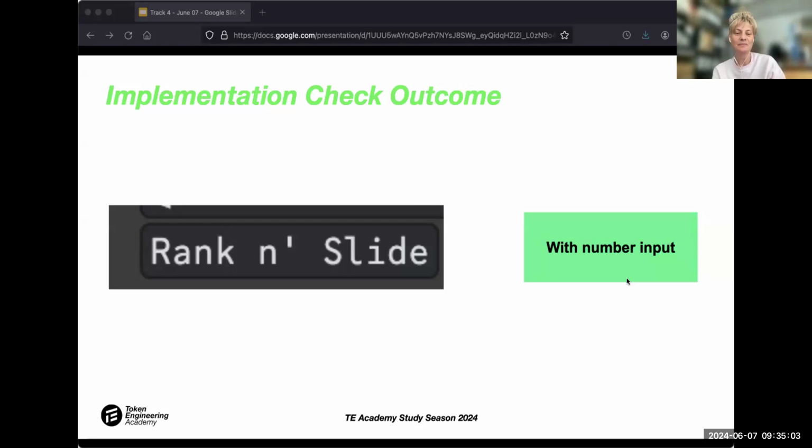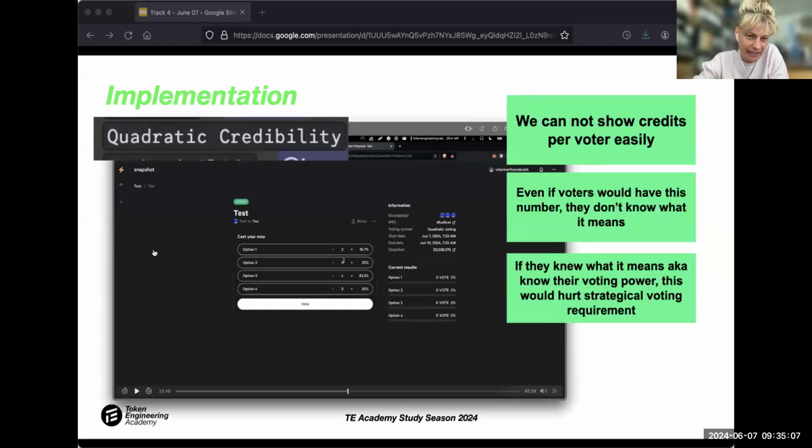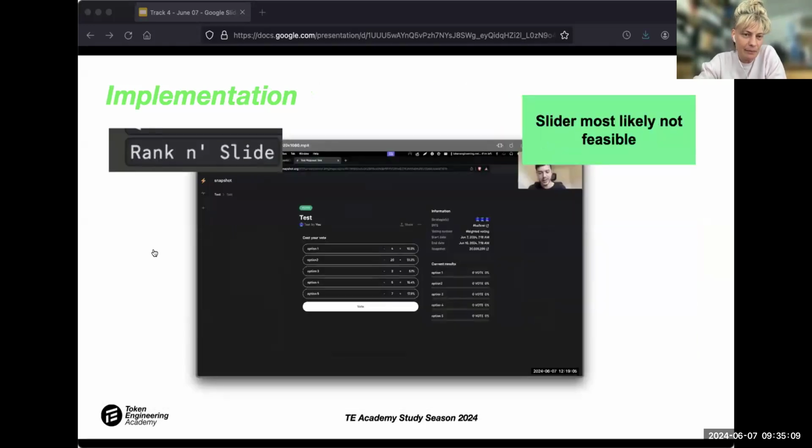Good. And one more, we can run a second decision making. Also quite a simple question. If you look at this screen, and if we remember transparency versus strategical voting, what do you say?